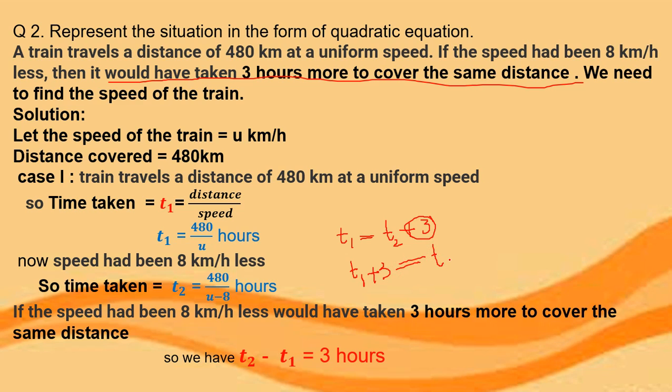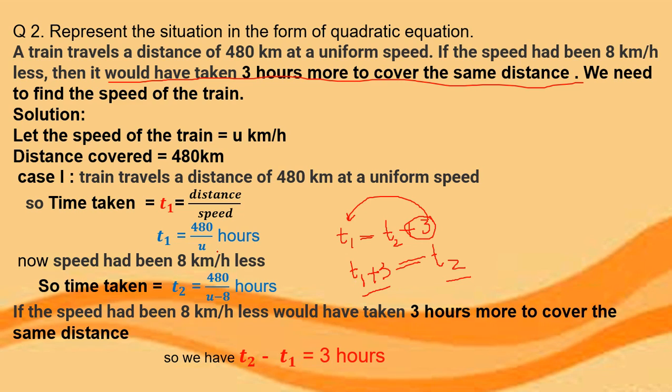As the second condition says 3 hours more, the 3 will be added to the first time t1. Then only the algebraic expressions will be equal. That means t1 plus 3 is equal to t2. Now we can rewrite this equation as t2 minus t1 is equal to 3 hours.